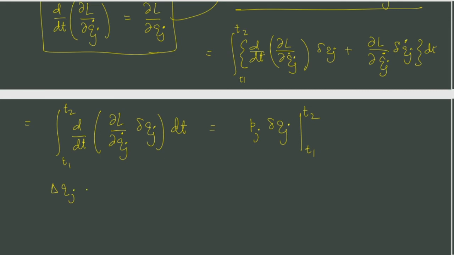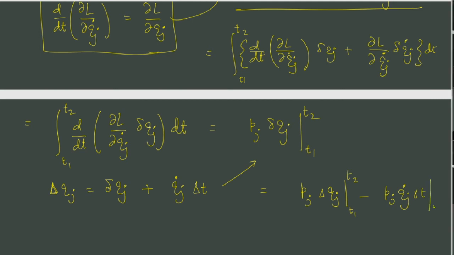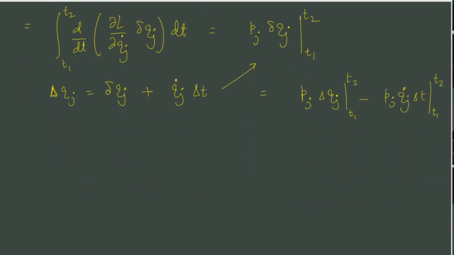Now, delta Qj here means the regular variation that is connected to the delta variation of Qj as this. We substitute that here to get, now, the first term is 0, simply because we demanded that delta Qj must vanish at the end point.